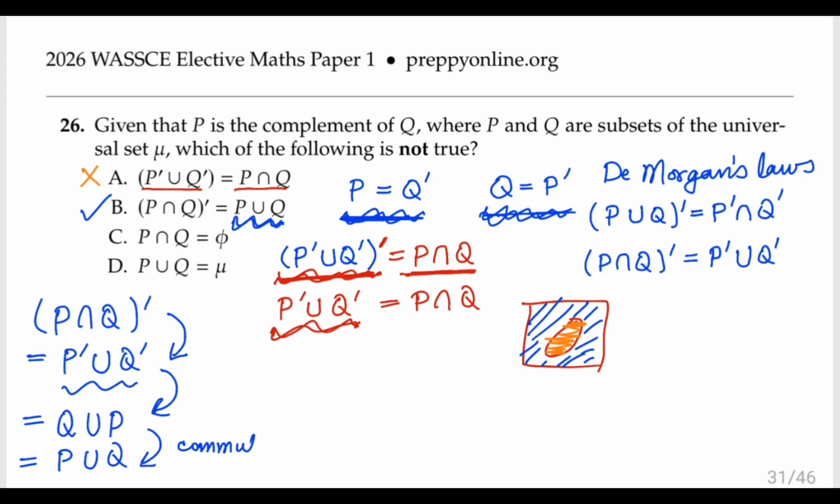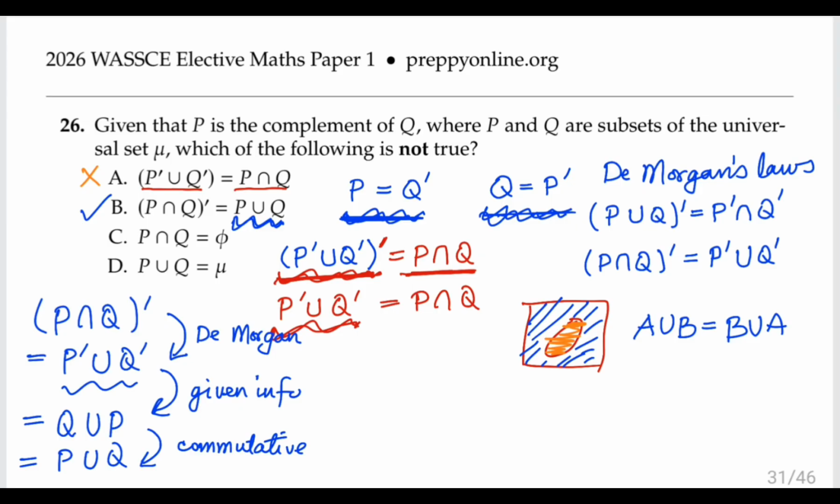That means that when you're taking the union of two sets, it doesn't matter: A union B is equal to B union A. So in the first step we used De Morgan, in the second step we used the given info, and in the third step we used the fact that union of sets is commutative.